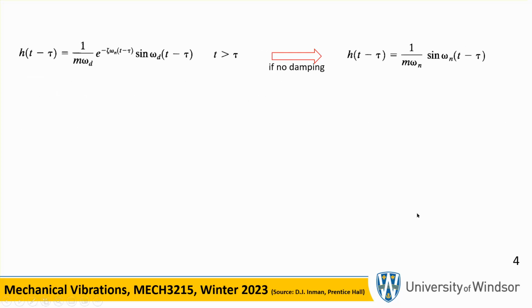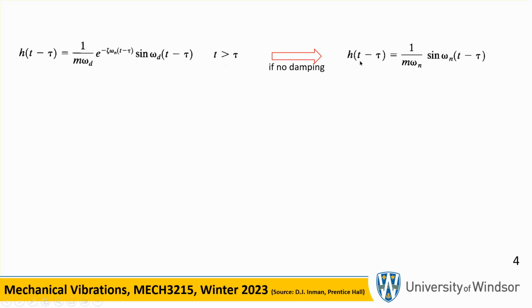Now, let's take the impulse response function that we derived in the previous lecture, which was for the damped situation. It looked like that. There was an exponential here, and there was a sine, and this is omega d. Now, if there is no damping, first of all, zeta is 0, so there is no exponential, and omega d is the same as omega n.